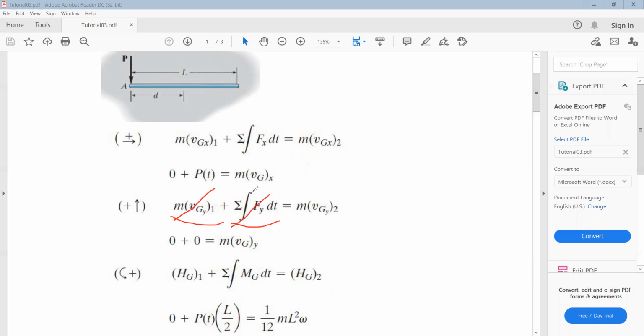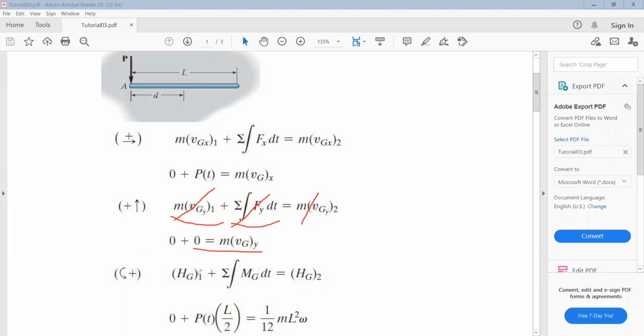The impulse is also 0 because there is no force in the y direction. It must equal m vGy, the final velocity in the horizontal direction. The left hand side is 0, so mass times velocity is 0. Mass is not 0, so the velocity of the mass center in the horizontal direction is equal to 0. This is the impulse momentum equation in the y direction.